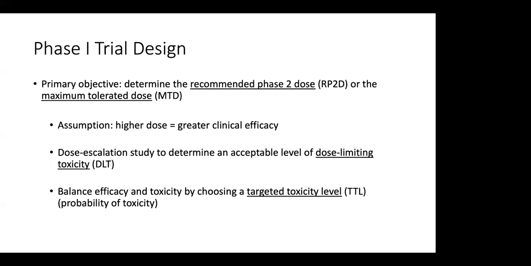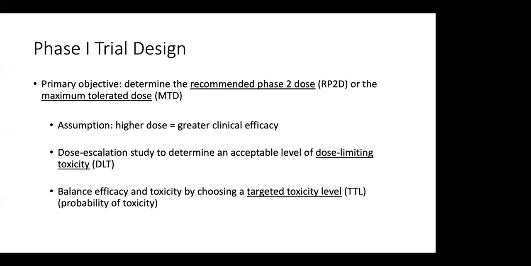Now I'll start with a brief introduction of the Phase 1 trial design. So the primary objective of Phase 1 trial design is to determine the recommended Phase 2 dose or the MTD. A lot of times the MTD is the RP2D, but sometimes the RP2D could be different from the MTD.